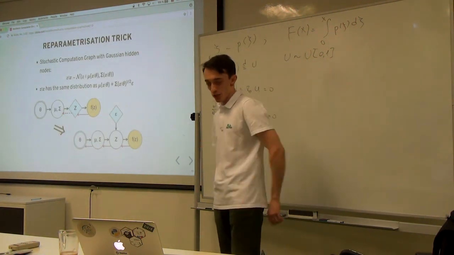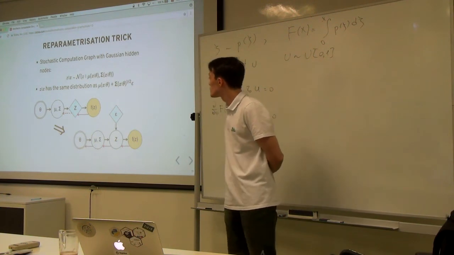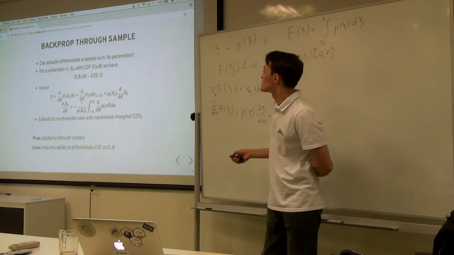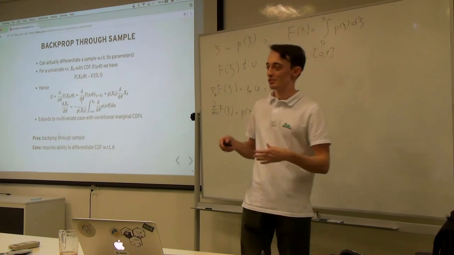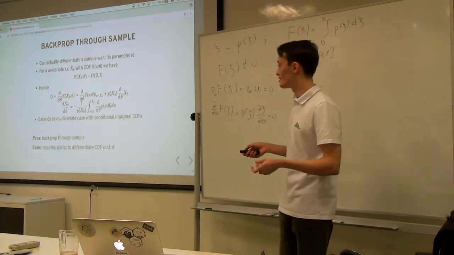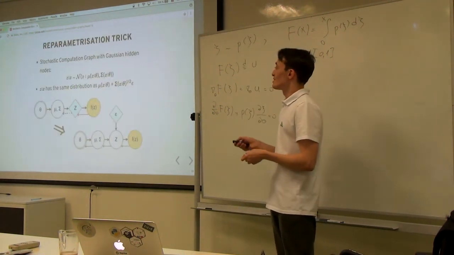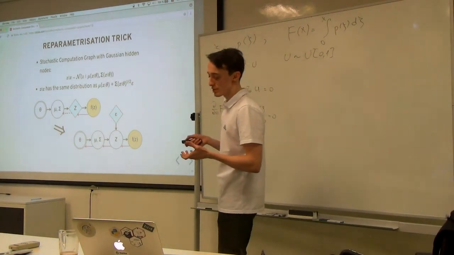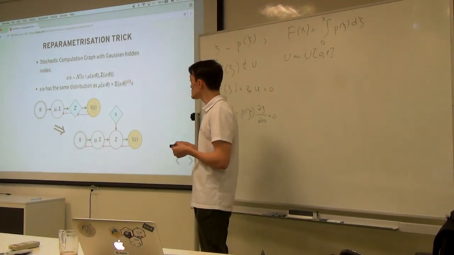So the reparameterization trick. What people did before this thing was presented, and what they still do, is use Gaussian random nodes, Gaussian latent variables.